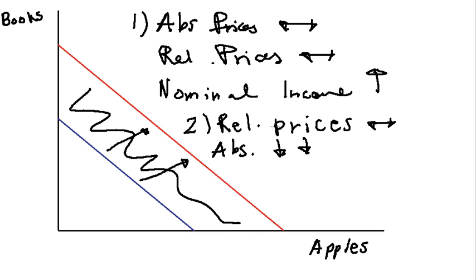Finally, as opposed to the previous interpretation where nominal income increased, in this interpretation, nominal income stays the same. Now this interpretation, while being less intuitive than the last one, gets us to the same result of real income increasing.